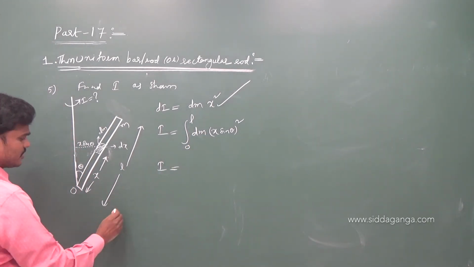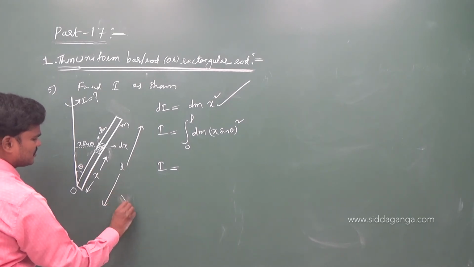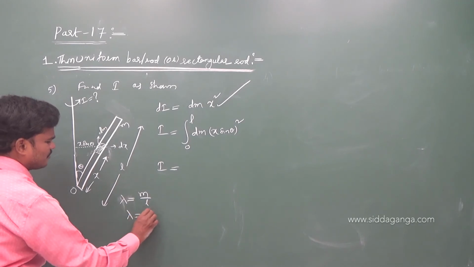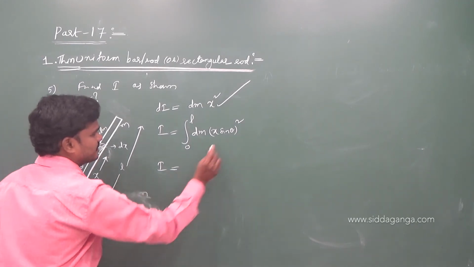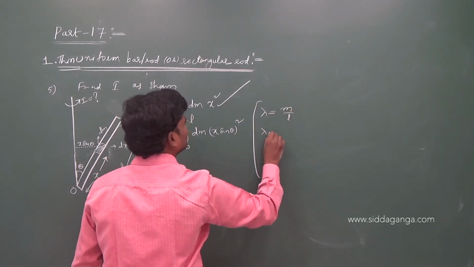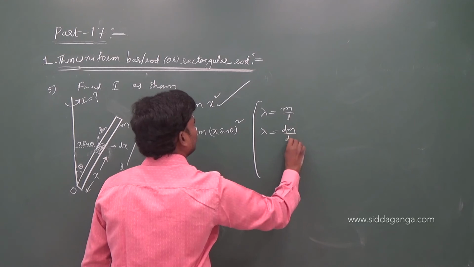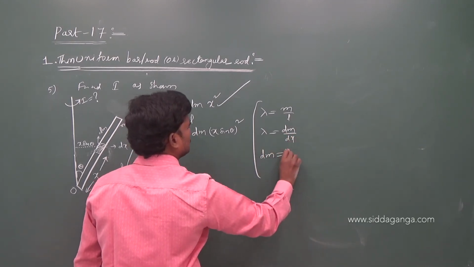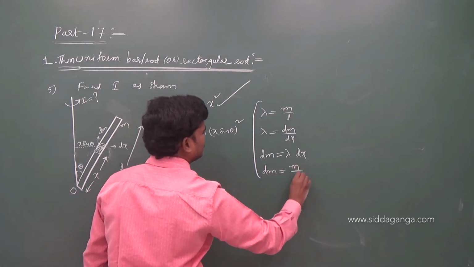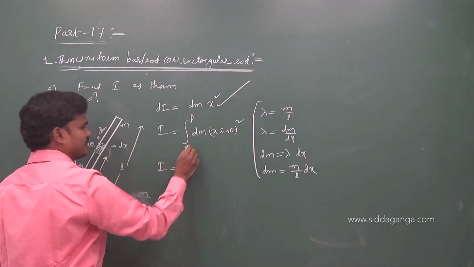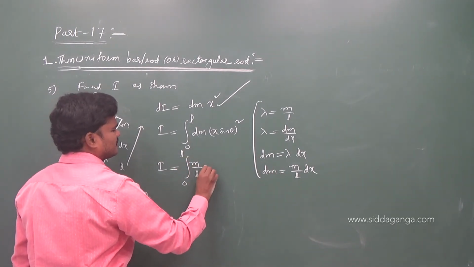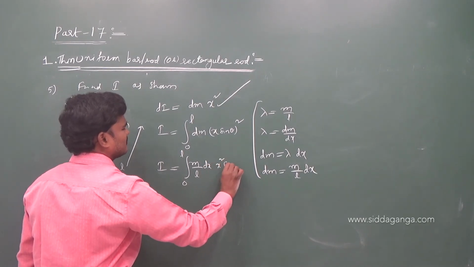Lambda is equal to mass by length, so for a small part, dm by dx is M by L. Dm is equal to lambda dx, that is, mass by length dx. So I is the integral from 0 to L of M by L dx times x square sin square theta.